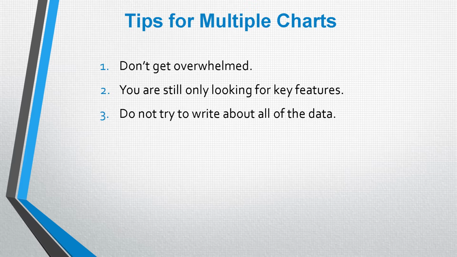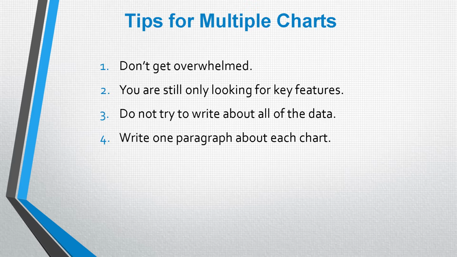So the way to structure your answer is to do the introduction as normal, write an overview paragraph as normal, and your details paragraphs, you'll still have two details paragraphs, but you'll simply pick out two key features from each of the charts you're looking at.